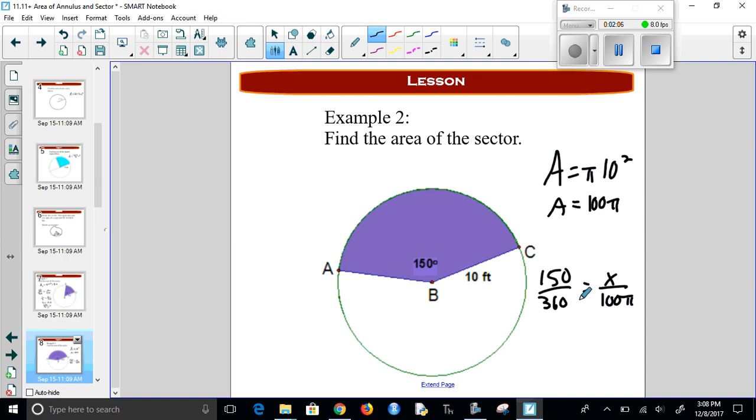Now when we cross multiply, we get 150 times 100, and then 360x, and 15,000 divided by 360 would be 41 and 2/3 pi. That's the area of the sector.